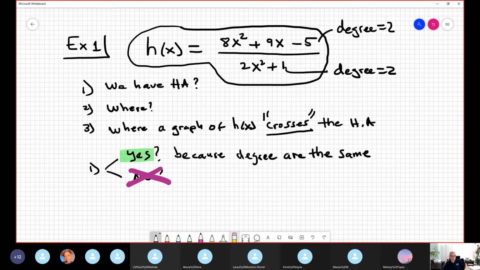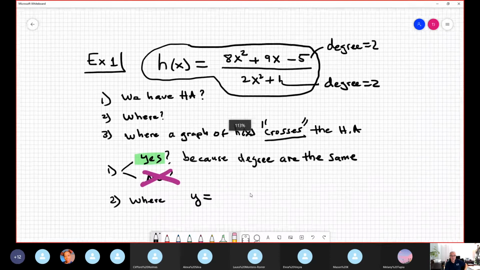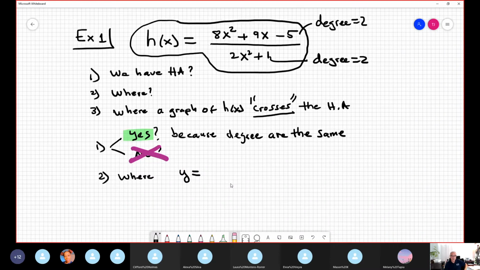Boom. Now number 2, where? Where is the asymptote located? At y equals something. Because remember, the horizontal asymptote is a horizontal line. And any horizontal line equation is y equals a number. What is this number? 4. Where does that 4 come from?